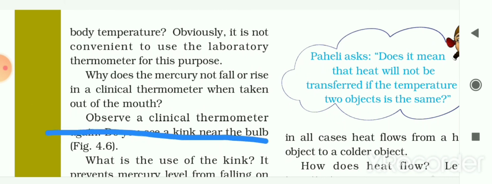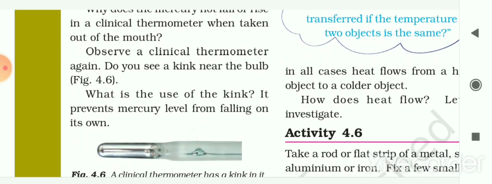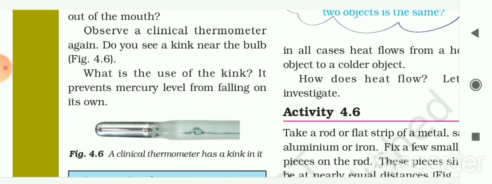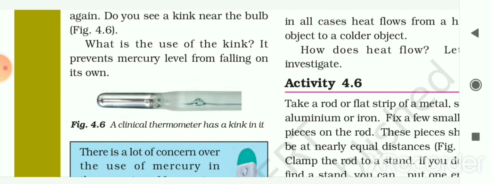Another question is, why does the mercury not fall or rise in the clinical thermometer when it is taken out of the mouth? If you have observed a clinical thermometer, you will see a kink near the bulb. Here it is shown to you. What is the use of this kink?